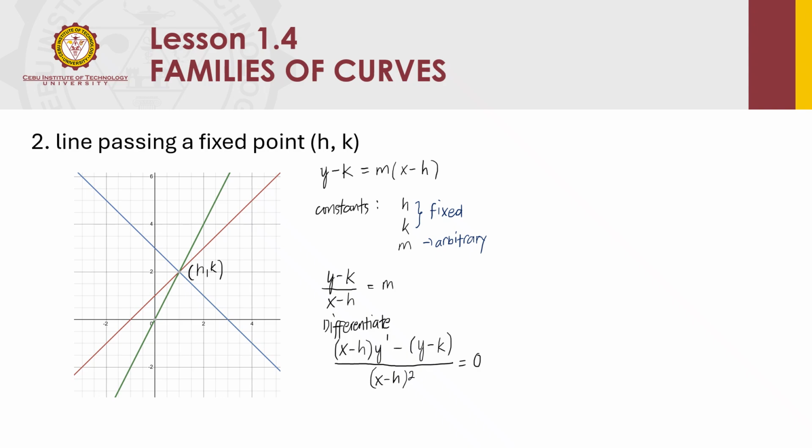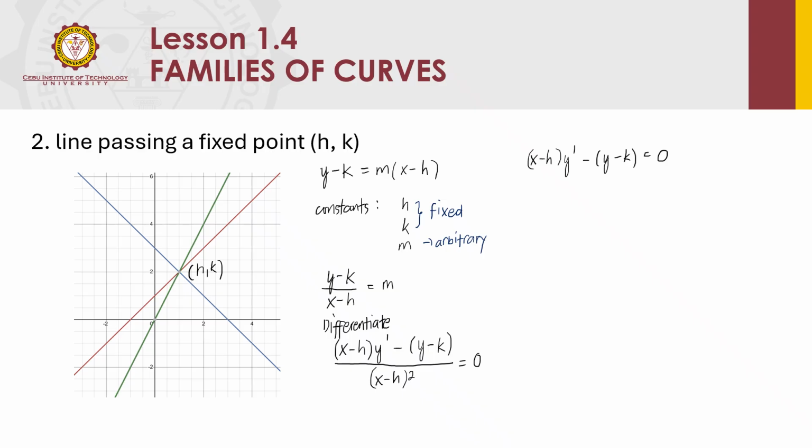So if we're going to write our final answer, we're going to multiply the whole equation by the square of x minus h, making the left side just equal to x minus h times y prime minus quantity y minus k equals 0. Alright, so we can have this as our final answer.